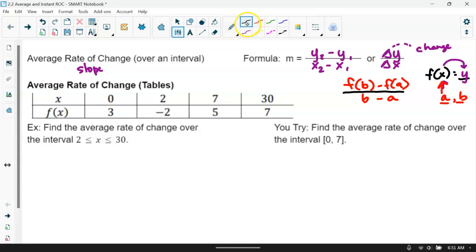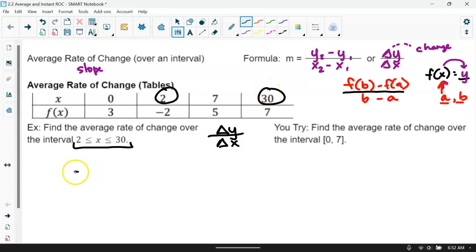Again, we are just focusing on the change in y over the change in x. This is our average rate of change. We're talking about functions that are not necessarily linear. So here, if I want to know the average rate of change over the interval from 2 to 30, my x values are 2 and 30.